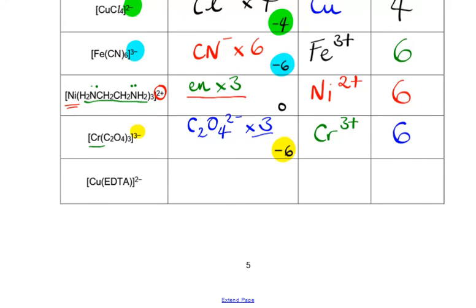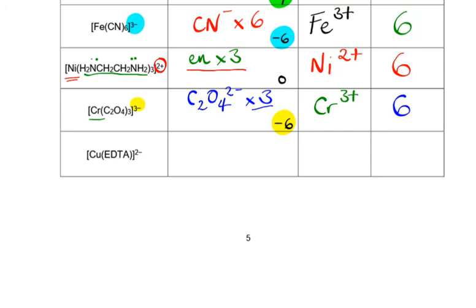In the final example, we have the EDTA complex. You might remember this has a charge of -4, and it's a hexadentate ligand. So the EDTA with a 4- charge is contributing -4 to the overall charge of the complex.